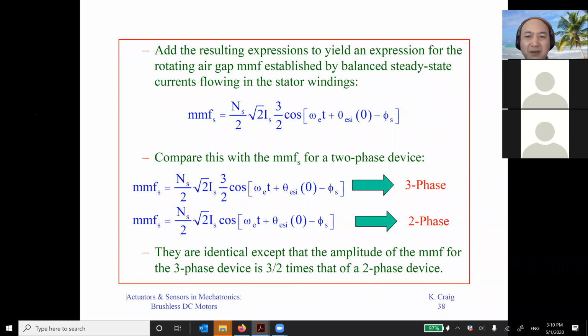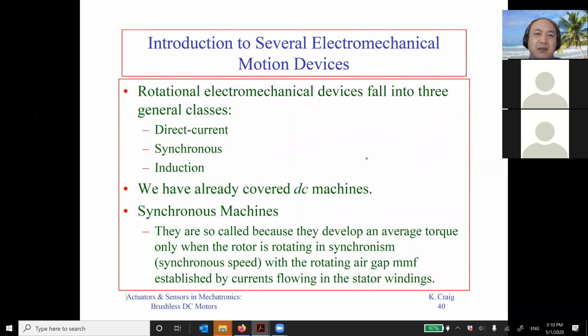Of course, for three phase and two phases, the generated MMF formula is different. So that gives you a rough idea about phases and poles and how you generate rotating magnetic fields.